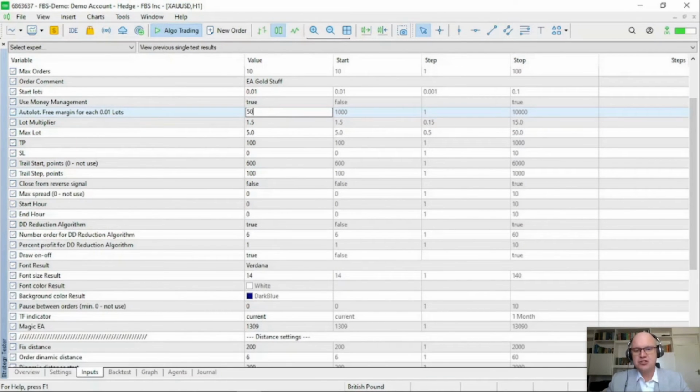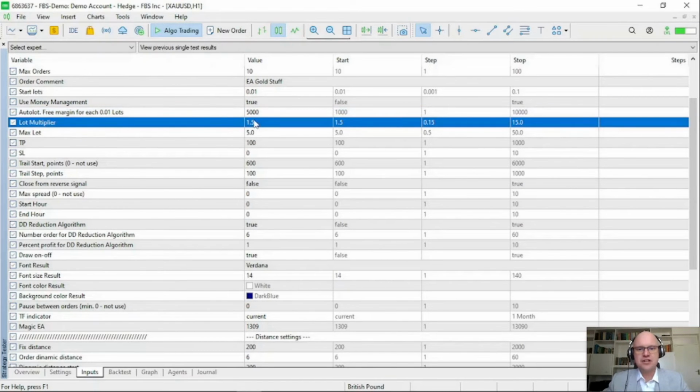So I'm going to change this to 5,000, meaning our first initial lot size will be a 0.02. The lot multiplier at 1.5 will then, for the grid, take the 0.02 and multiply it by 1.5.